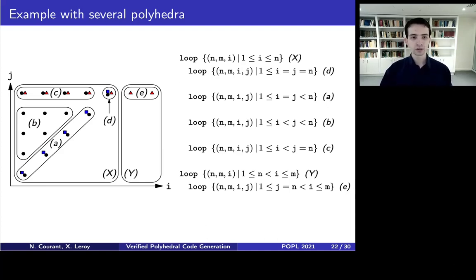In this case, due to the lexicographical order, A needs to be before B, which needs to be before C. We do not have a constraint between D and the others. So in the generated code, we can see that A lies before B, which is itself before C. Finally, as we reached the maximum dimension, we fill the body of the loops with the instructions that must be executed in these points.